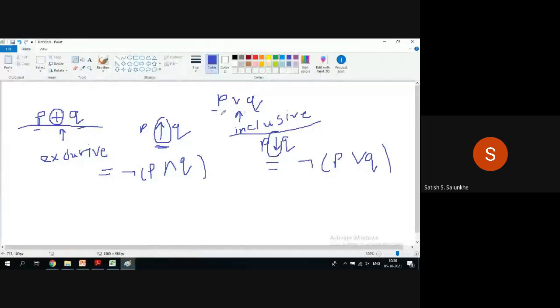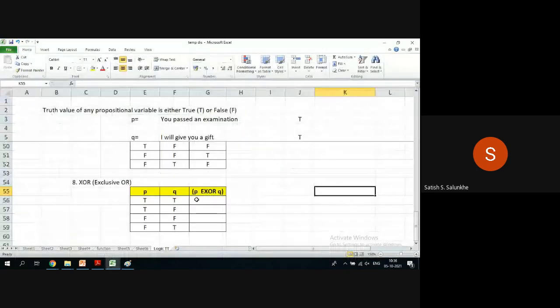What about here? At least one true means what? Either this is true and this is true and this is false. So here, can you say at least one and at most one? At least one, yes, it is there, but at most one? No, there are two truths.